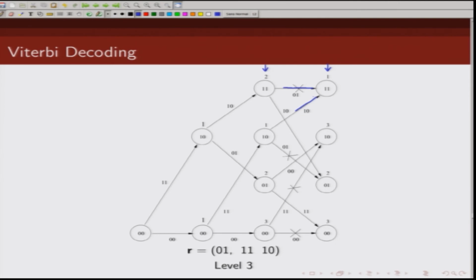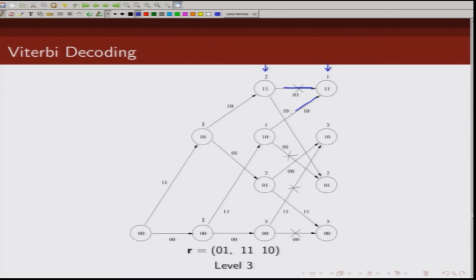So, how do we compute the partial path metric here? We compute it by adding the partial path metric of this state plus the branch metric of this branch, or the path metric at this state plus the branch metric corresponding to this transition.